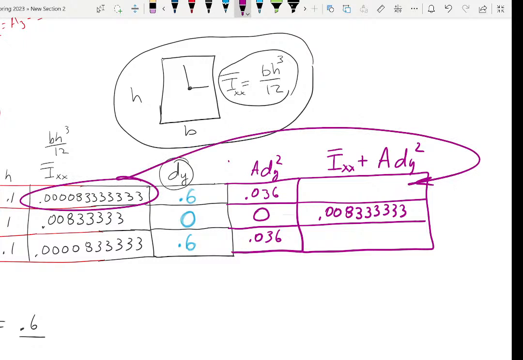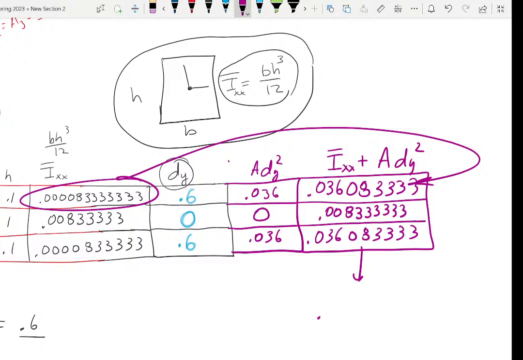Okay, 0.12348. It won't let me hit it more than that, so that's funny. 0.036. 0.83333. Same thing here. And then I just add those things up. 0.008.